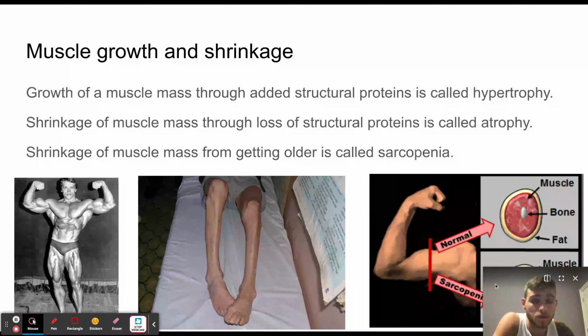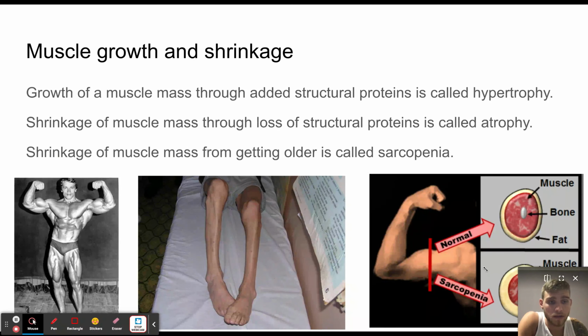There's also sarcopenia, which is muscle atrophy due to growing older. It's a natural thing that happens. Here's your normal, average younger person with these proportions of muscle to fat, whereas as you get older you have less muscle and more fat, and that's just a natural thing that happens.